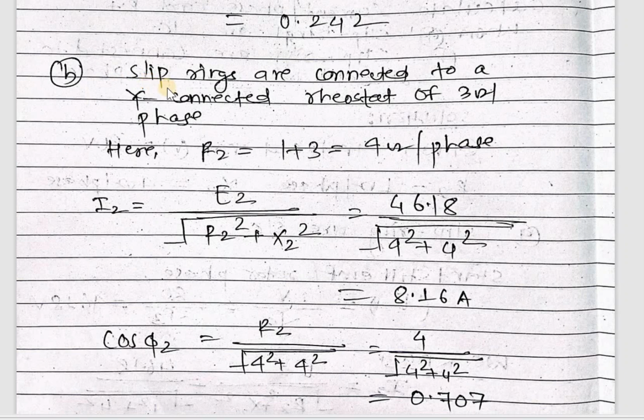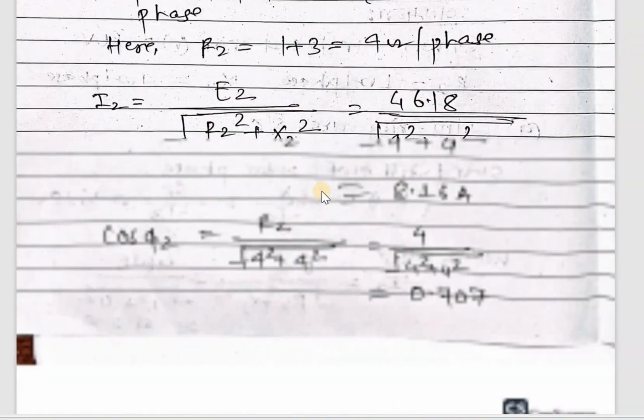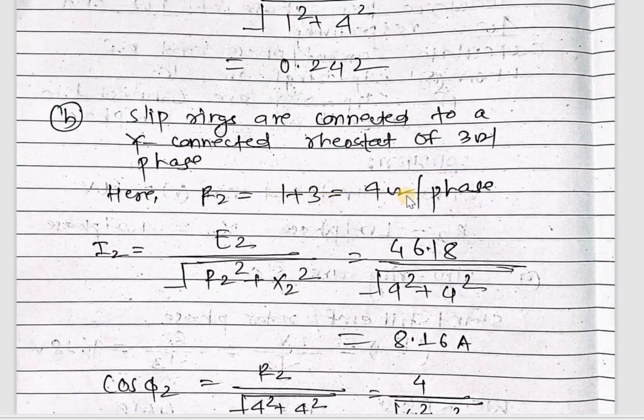And the second condition is slip rings are connected to a star connected resistor of 3 ohm per phase. Here the value of R is 3 and this is R2, so we can get R2 equal to 1 plus 3, that is 4 ohm per phase. And putting in the formula of I2 equal to E2 upon root under R2 square plus X2 square, put all these values, we can get the value of current.